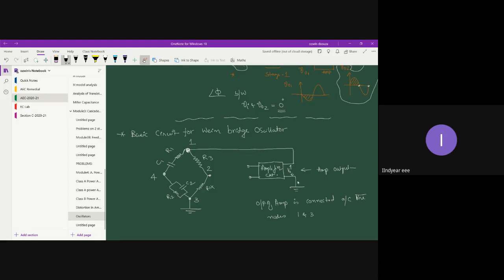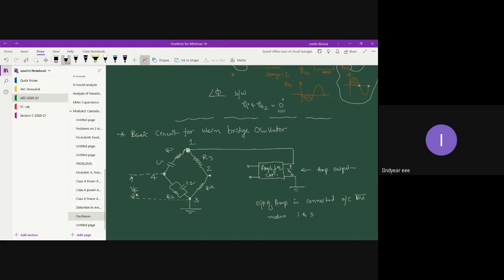And next comes the feedback signal, right? This feedback signal from the feedback circuit. This is where you derive your feedback signal, which is observed across the parallel combination. So this is your VF.